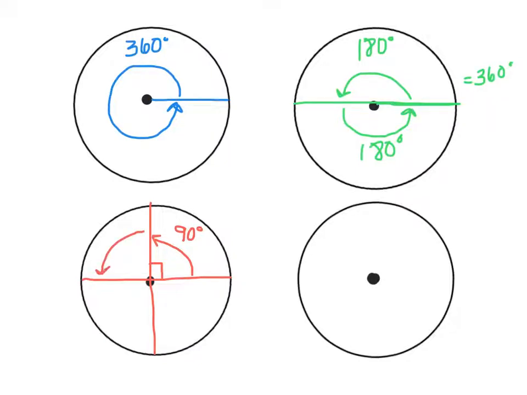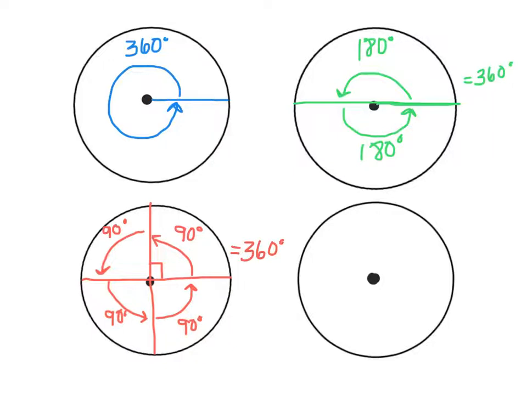So now I'm going to show each rotation until I make a full circle, and I'm going to label each with 90 degrees. We know that 90 plus 90 is 180, 90 plus 90 is 180, and when we add 180 plus 180, we get 360. So 4 rotations of 90 degrees gives us a perfect circle, or 360 degrees.